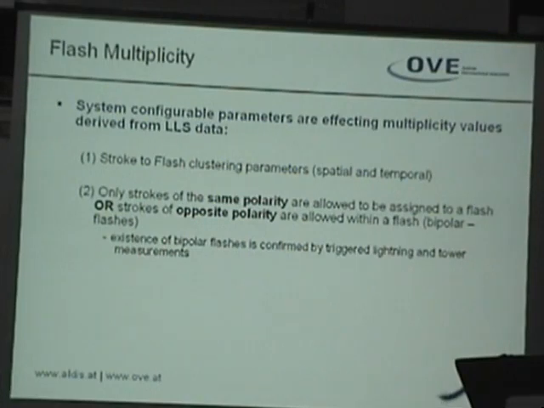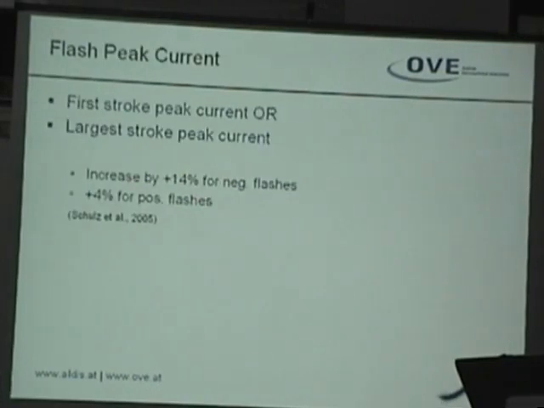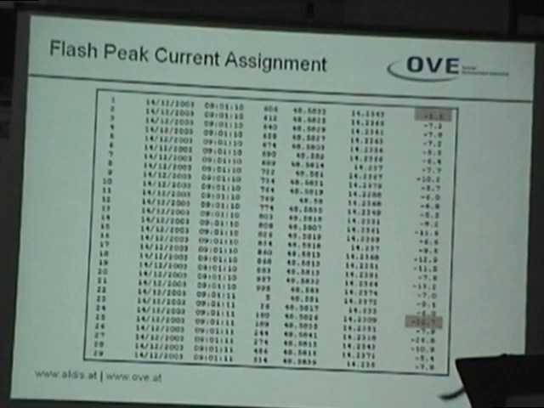And the result changes by about 14% for negative and 4% for positive flashes. So you have to be really careful what you compare of different lightning location systems. And if you see such a value in the literature, you have to have in mind or ask what parameters they used.